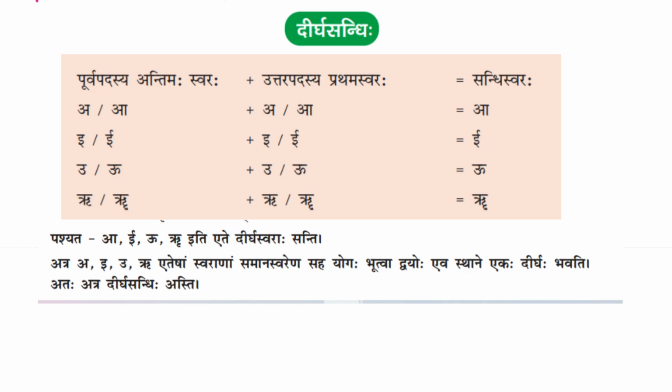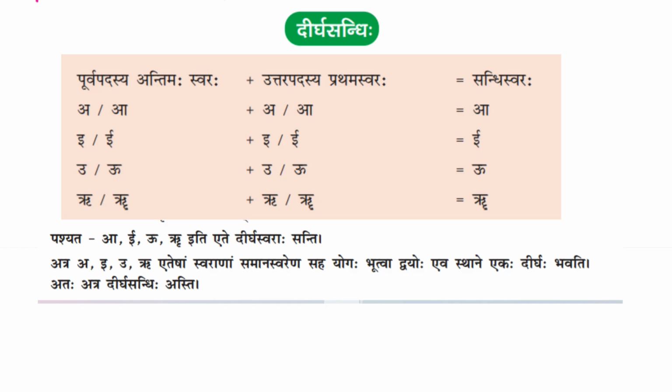R short or long, we will get R. That is the first rule of the sandhi, which is called dirgha sandhi. A, I, U, R iti ede dirghaswaraha sandhi. They are called dirghaswaraha. That is why the name of the sandhi is dirgha sandhi.